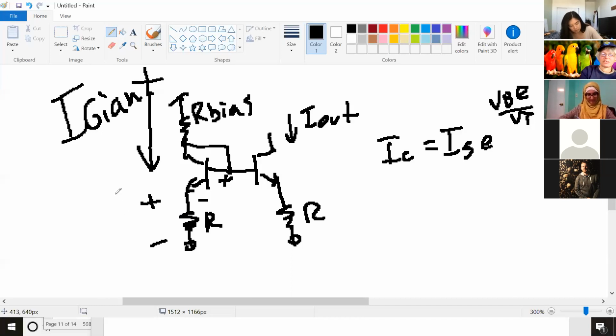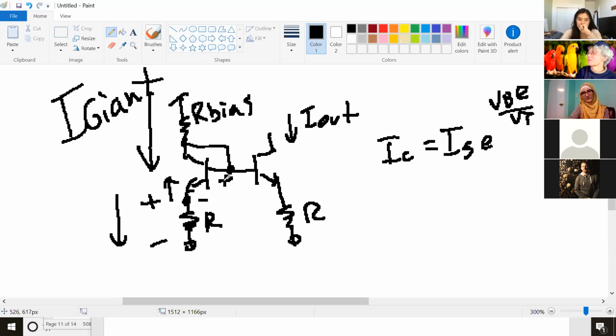You have a big current through there. What do you know about that voltage? The voltage across the resistor. So if the resistor's high, then it goes up. So if the emitter voltage goes up, assuming the base voltage doesn't move, which it does, but let's say it doesn't move, what happens to VBE?